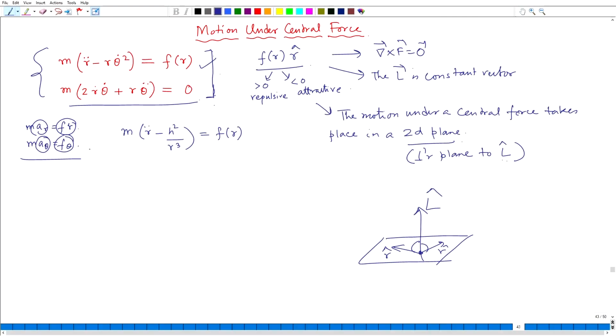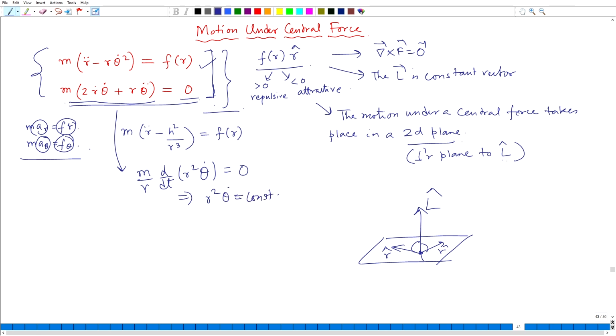If this is the case, then you do not have these two equations to be true like this. Please remember that whenever this second equation is 0, only then can you write it as m by r d/dt of r square theta dot equal to 0, and from that, r square theta dot equal to constant.